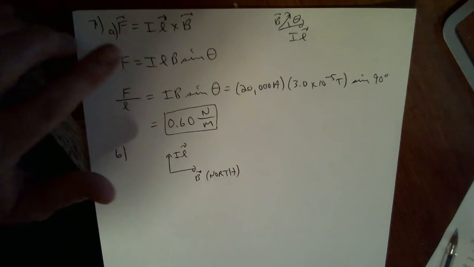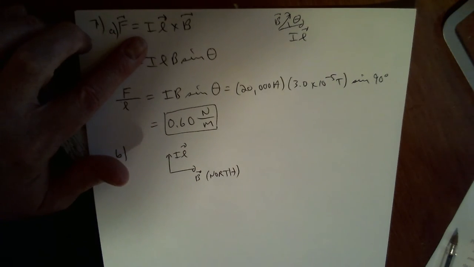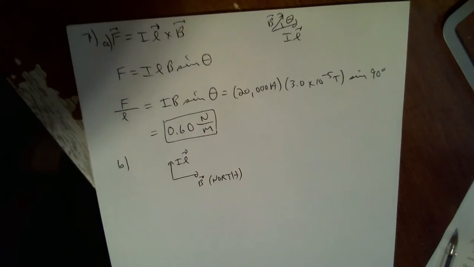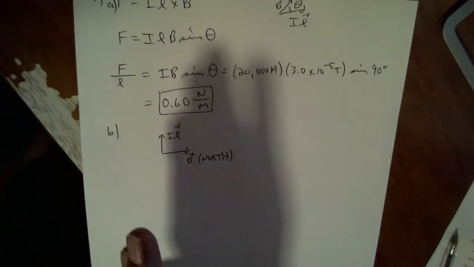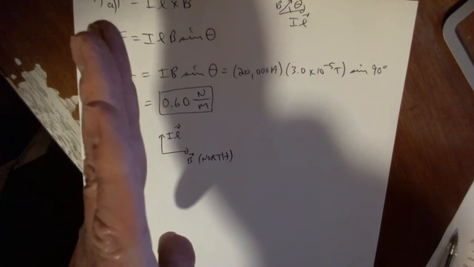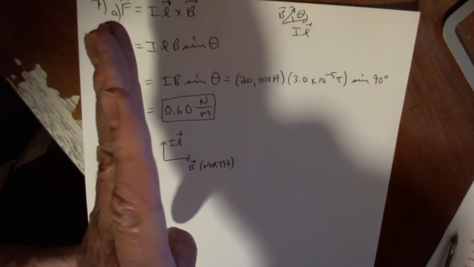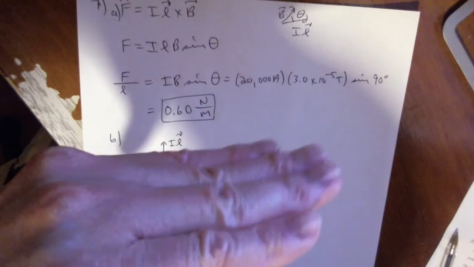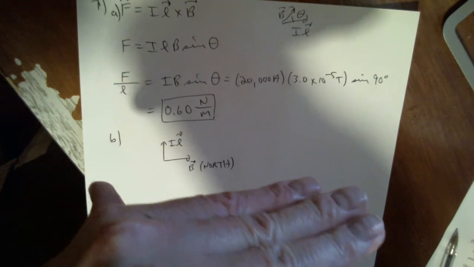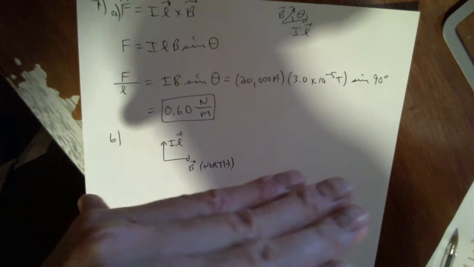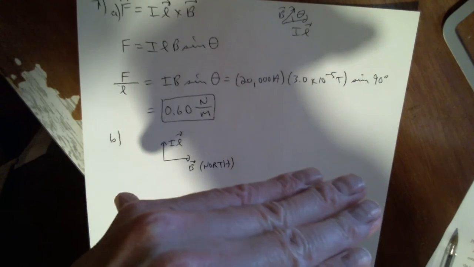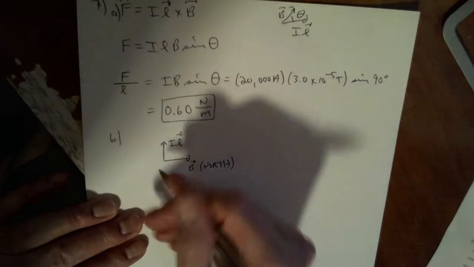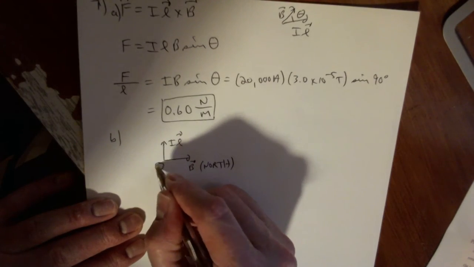Remember, the cross product we're talking about is IL cross B. So I put the fingers of my right hand along the first vector, which is IL in IL cross B, and I slap the second vector with my palm, which I can do only if my thumb points into the page. So the direction of the force is into the page.